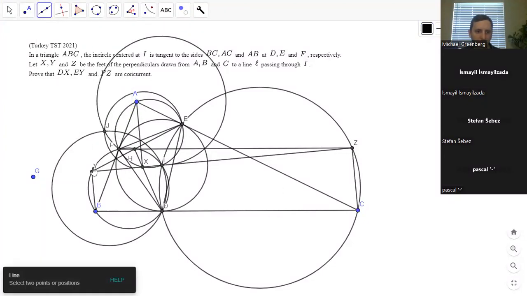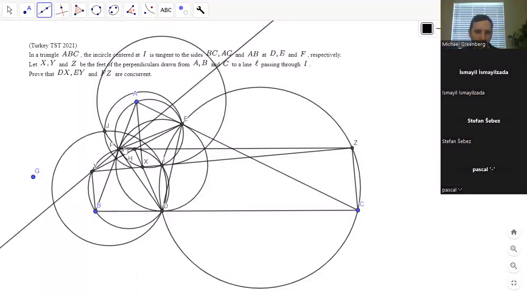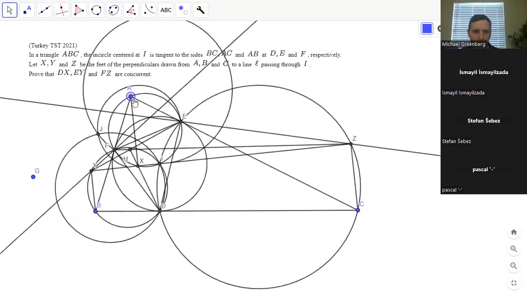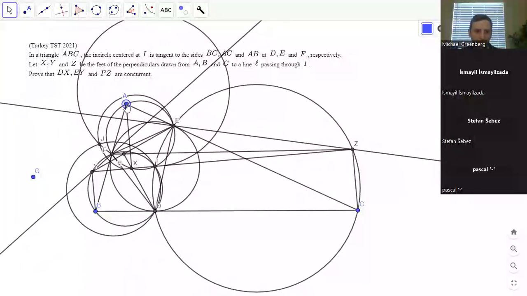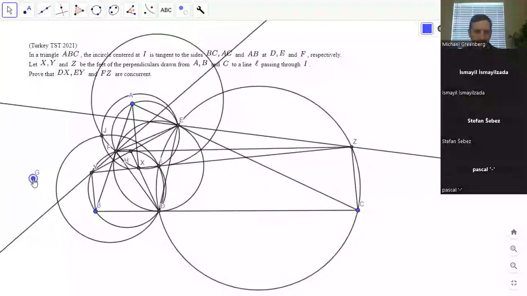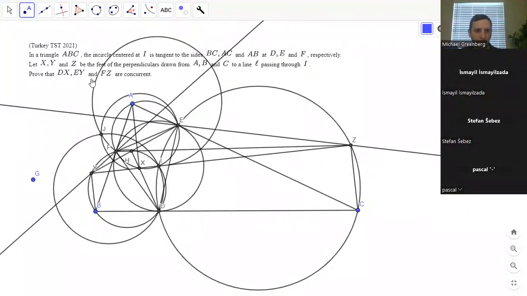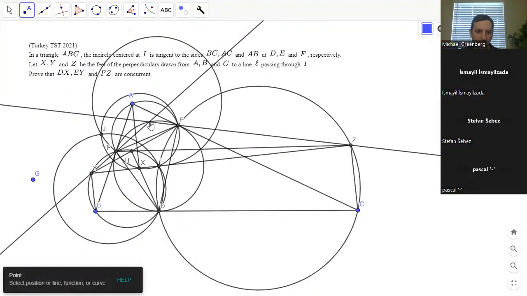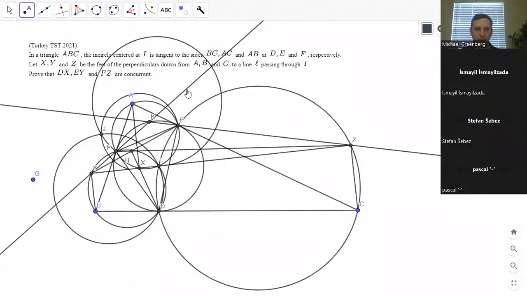I wonder if FY and EZ meet at, okay. So it looks like YF and EZ meet on the end circle. That looks pretty important, it seems. So maybe that's just an angle chase.